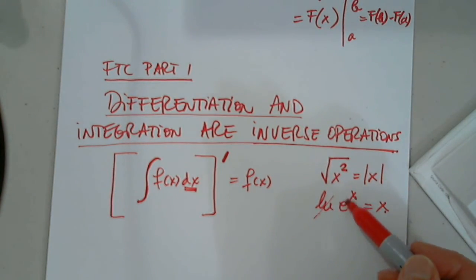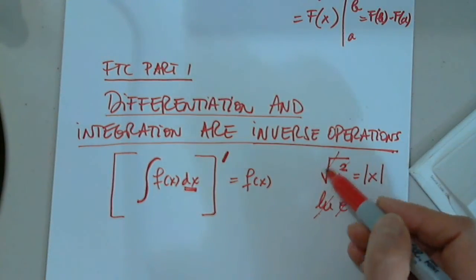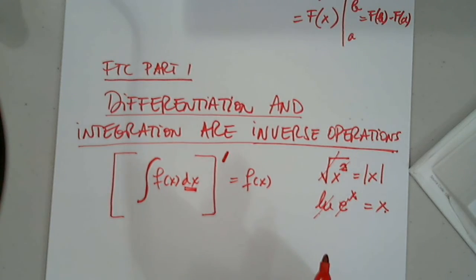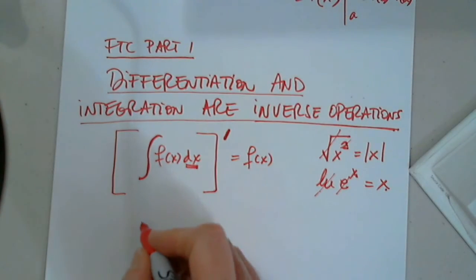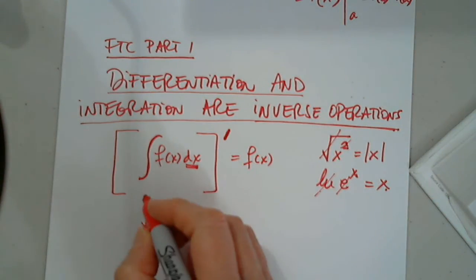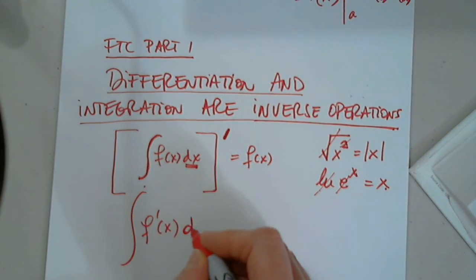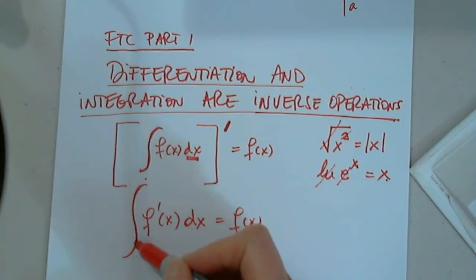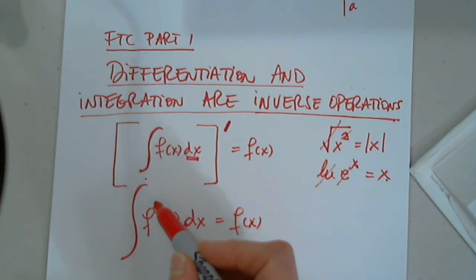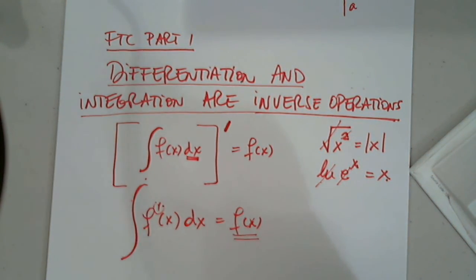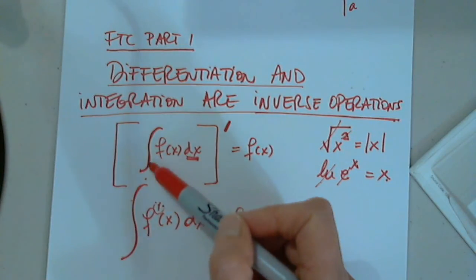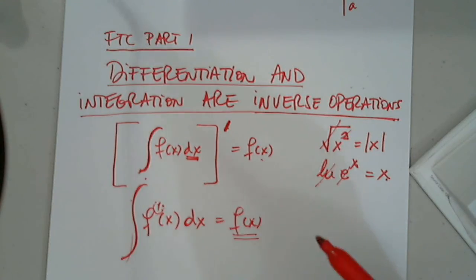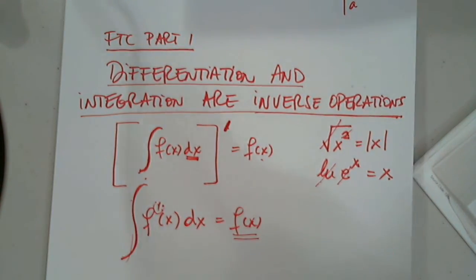So this operation cancels this operation, or vice versa. Also, when I have a derivative and I want to integrate it, I get the function. Why? Because when I integrate a derivative, these two operations cancel one another and I get the function. When I differentiate an integral, I get the function. When I integrate a derivative, I get the function. Because differentiation and integration are inverse operations.